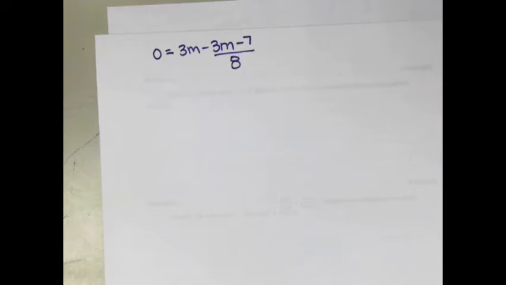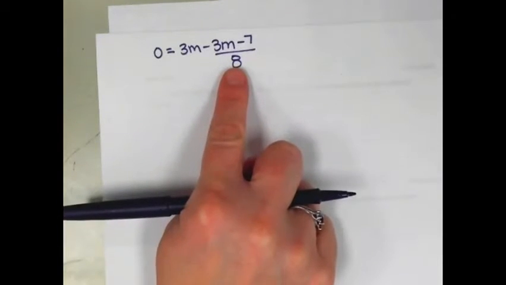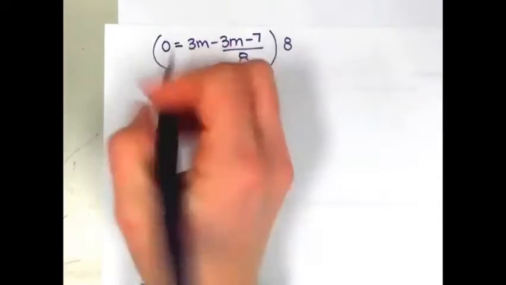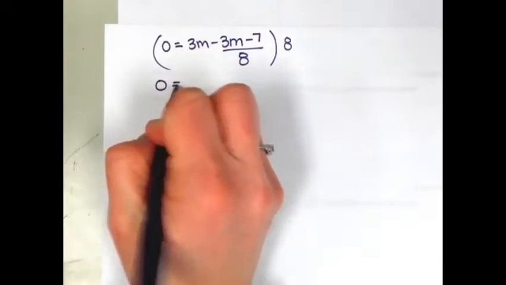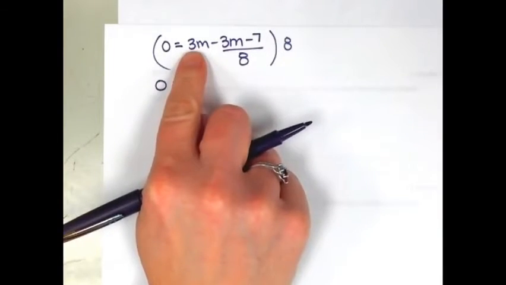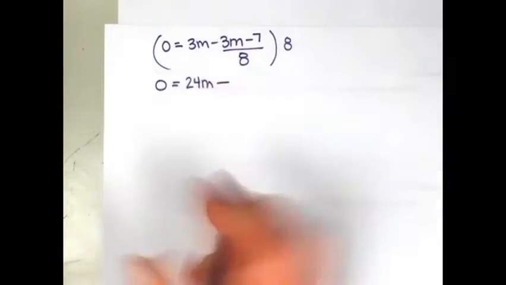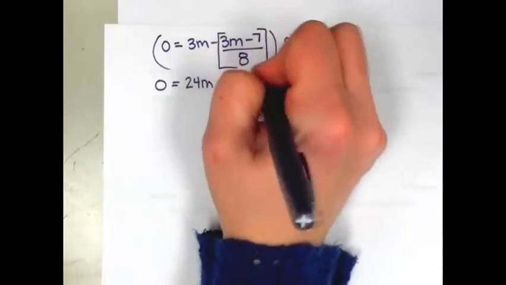All right, so we want to get rid of what? The 8, right? So I'm going to go ahead and multiply everything by 8. Okay. So 0 times 8, 0. 8 times 3m, 24m. And then I'm going to subtract this quantity, right?